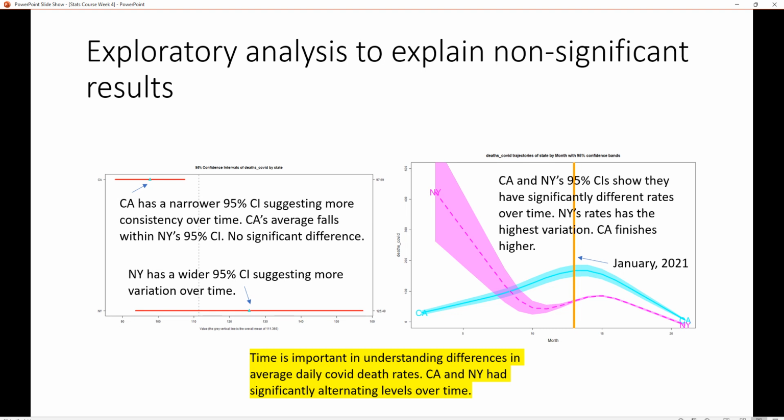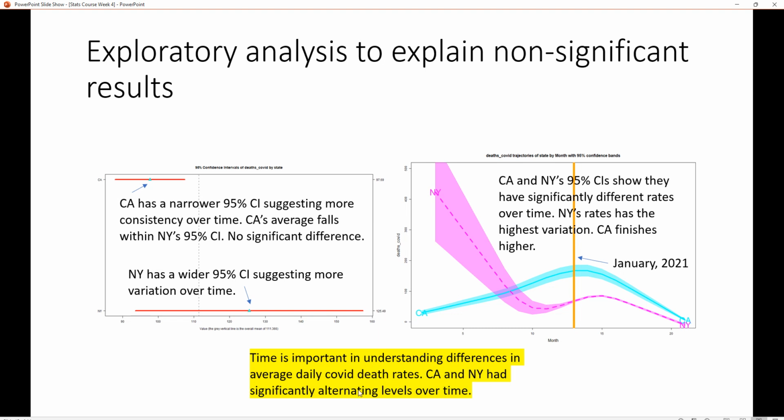We do know there is a big time effect for COVID. Things have changed since the very start back in 2020. So it's useful to see what that trend is over time. Time is important in understanding differences in average daily COVID death rates.